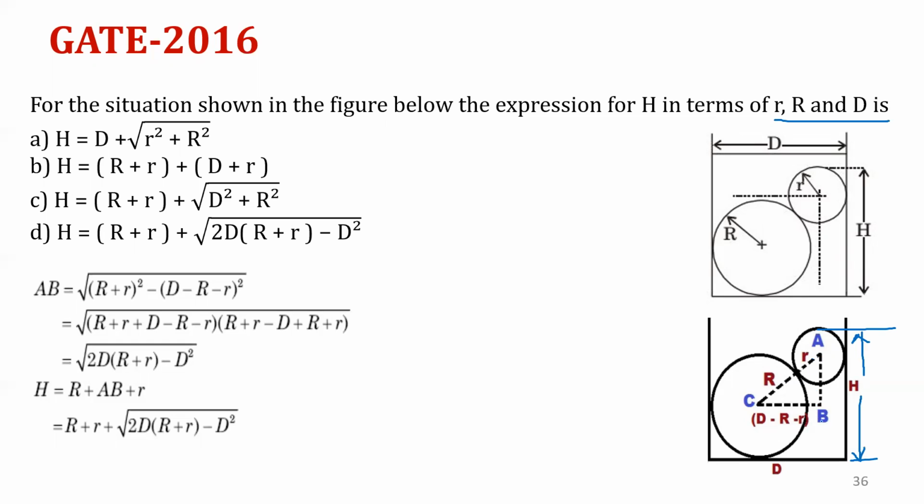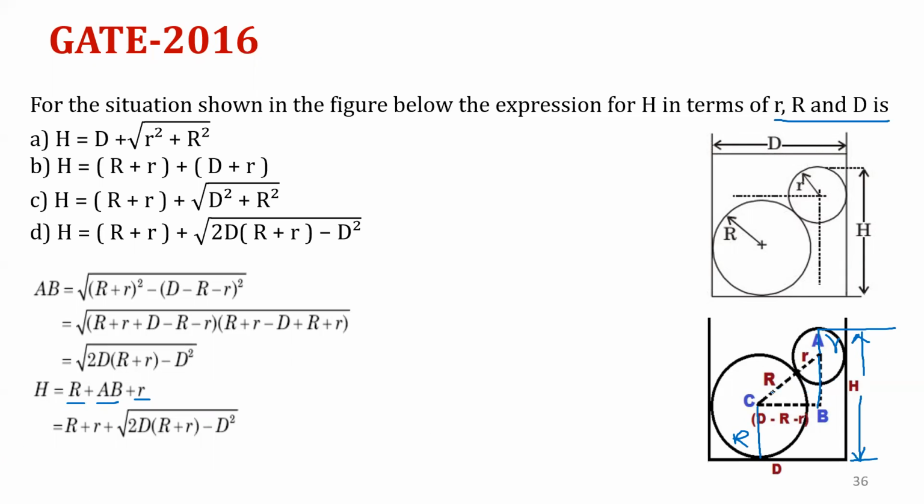Capital H is equal to, so this radius is capital R and this radius is small r, plus AB. So capital H is equal to capital R plus small r plus AB. If you find this AB, you can calculate the capital H.